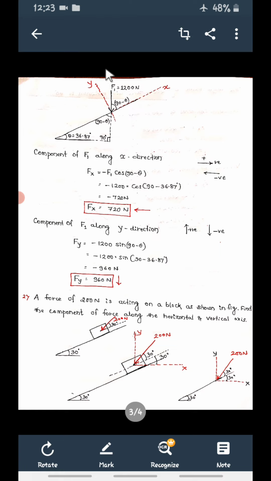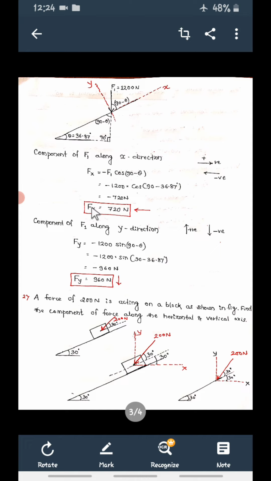So minus F1 cos of 90 minus theta. F1 is 1200, and 90 minus theta is 36.87. So we get Fx equal to minus 720 Newton. So the component of F1 along x direction is minus 720 Newton.